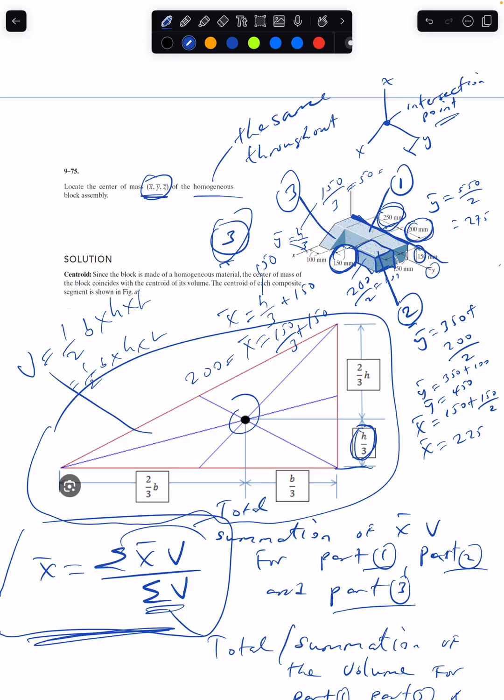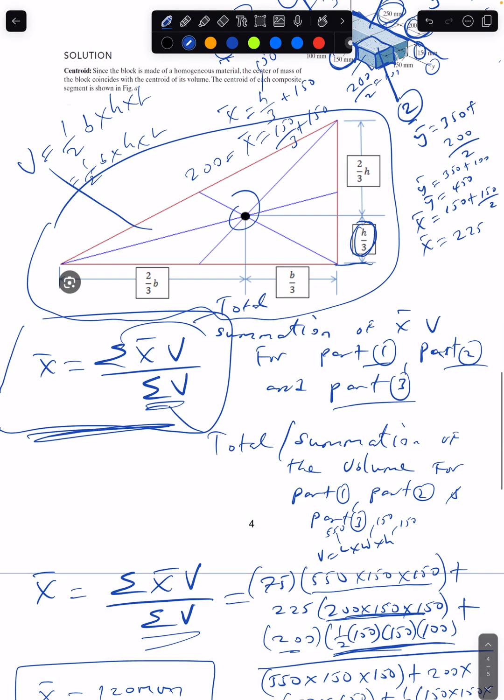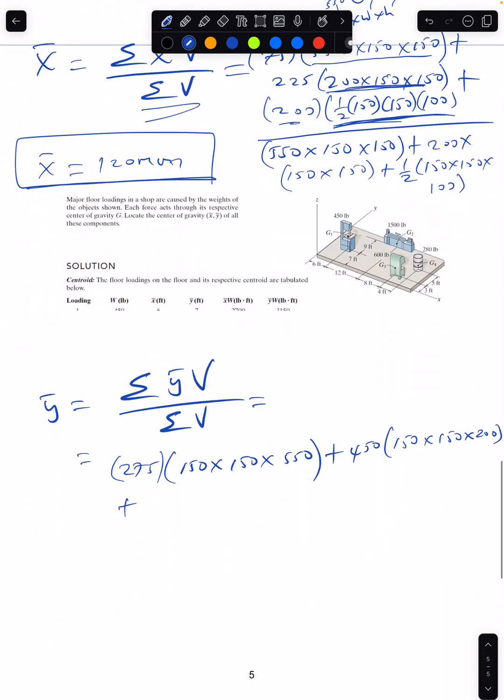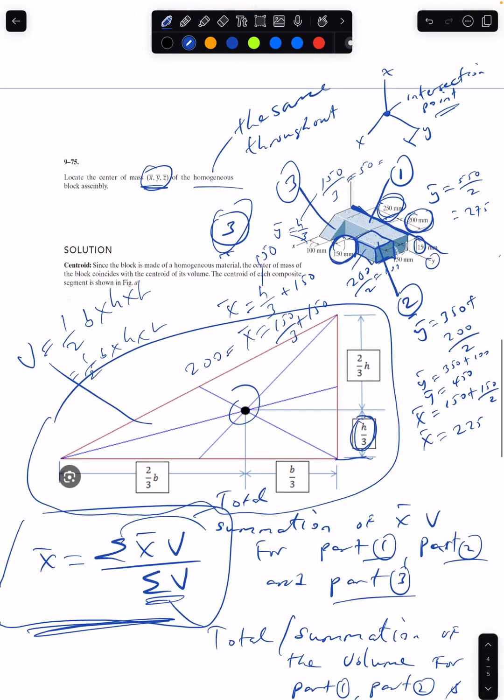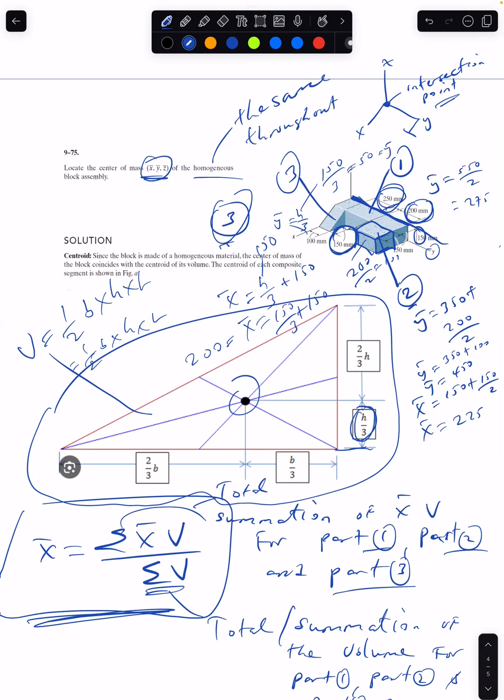So that is the value for piece 3 for y bar. I have 50 for y bar for piece 3.